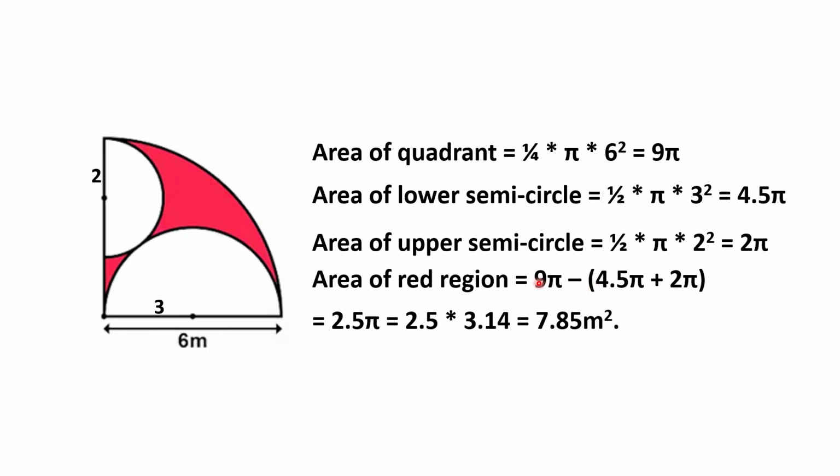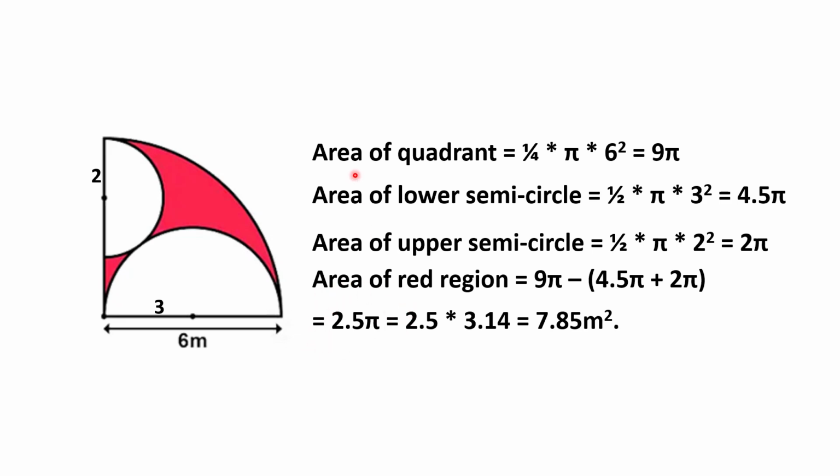That is 9 pi minus 6.5 pi, that is 2.5 pi. So 2.5 pi is the required area of the red region. You can keep it as 2.5 pi, or you can multiply by the value of pi, 2.5 into 3.14, giving you 7.85 square meters approximately. Or you can leave the answer as 2.5 pi.